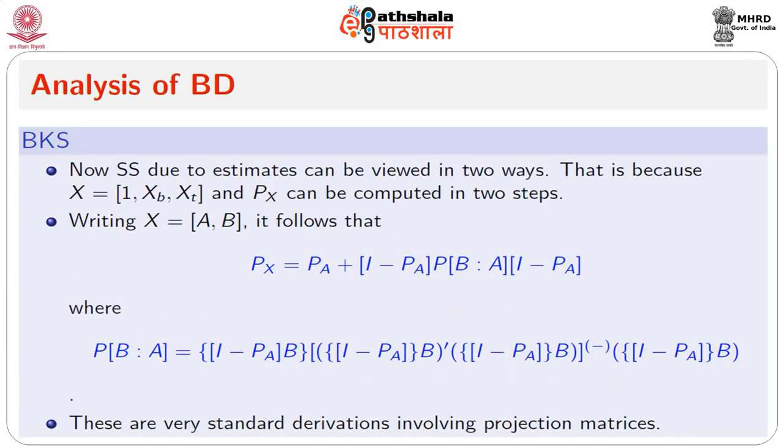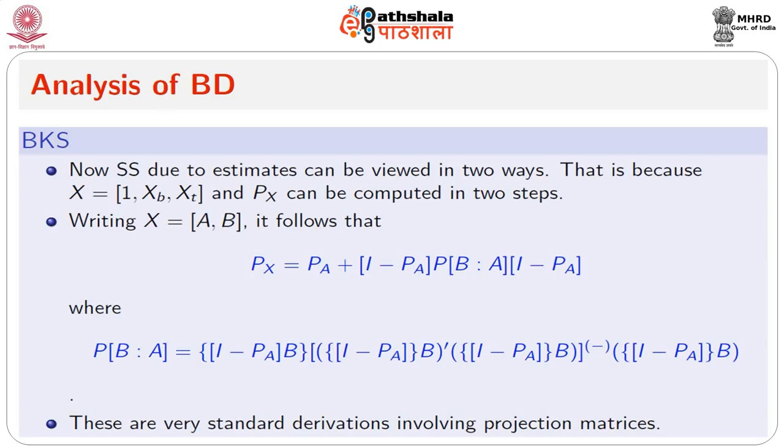Sum of squares due to estimates can be viewed in two ways. That's because the X matrix has the expression 1, Xb, Xt, and Px can be computed in two steps. First you write X as the partitioned matrix A B, then it follows that Px is nothing but PA plus (I minus PA) times P of B given A, times (I minus PA), whereas P of B given A has got this expression.